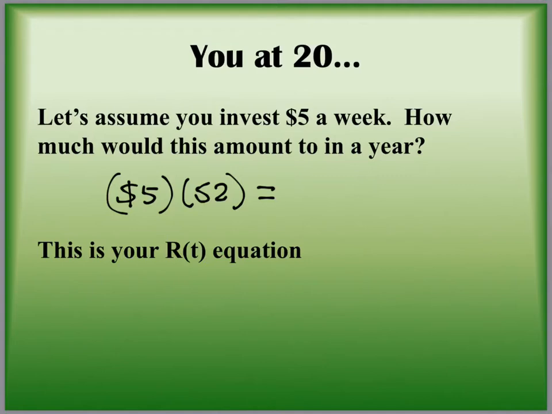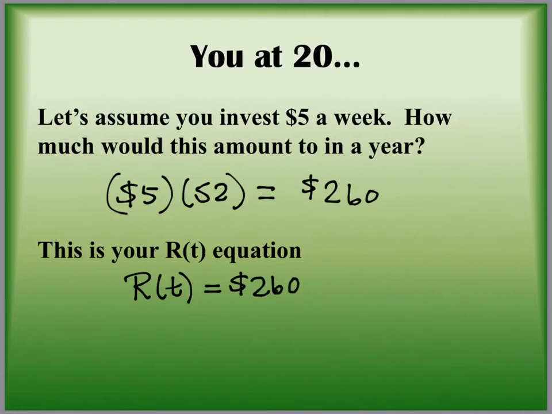What do you get? 260. Yes, sir. 260. That's not very much money in the grand scheme of things for an entire year, but that's $260, right? This is your R of t equation. So we have found for this premise that R of t is equal to 260. We invest 260 a year, that's it. Not changing it for the next year, nothing, just 260 a year. Let's move on.